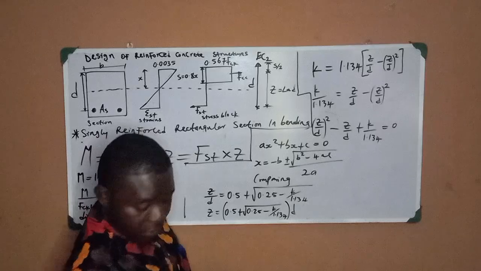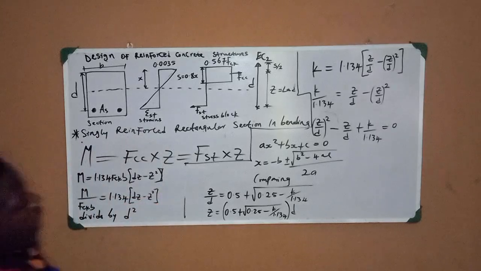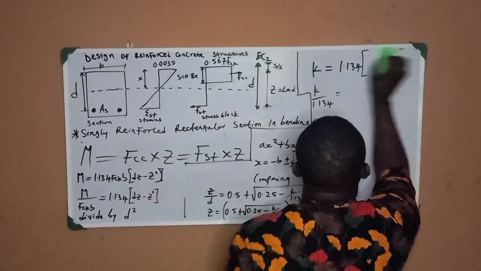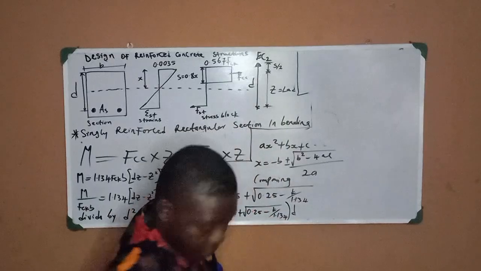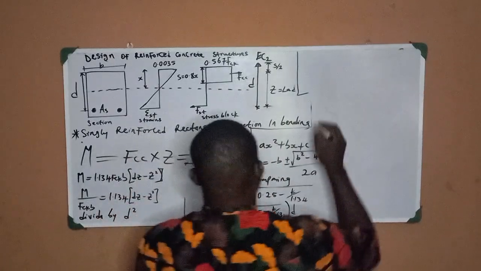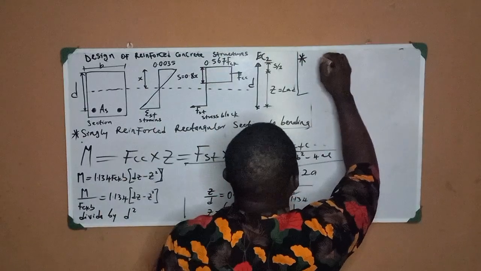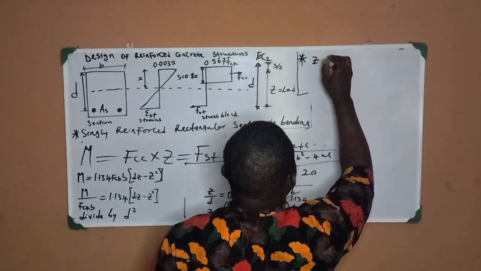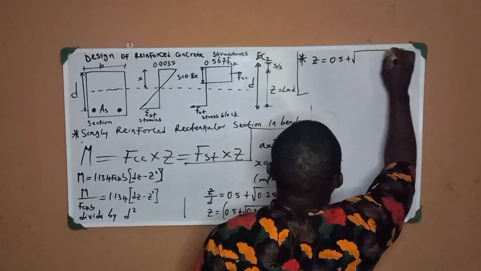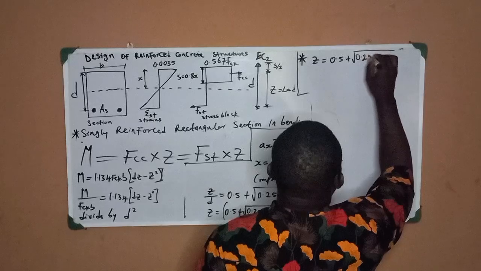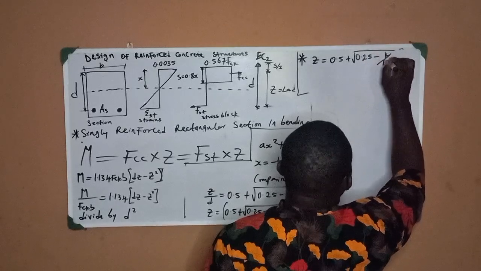So with this now, let me write this down somewhere. I'll be wiping, because this board is very small. So therefore, I have that this is the one equation: z is equal to 0.5 plus root 0.25 minus k over 1.134.